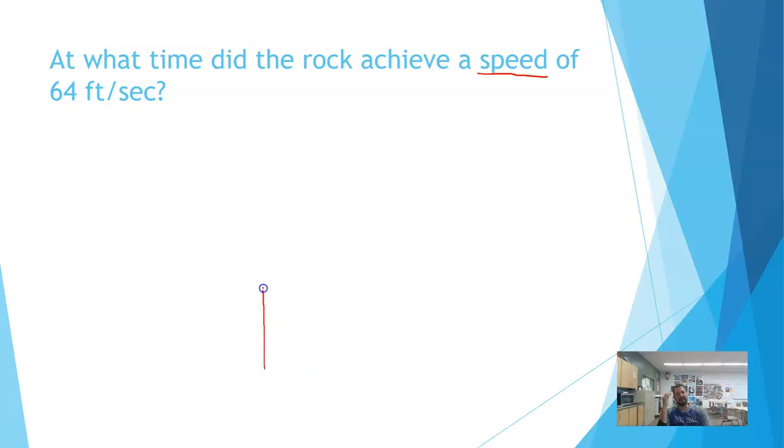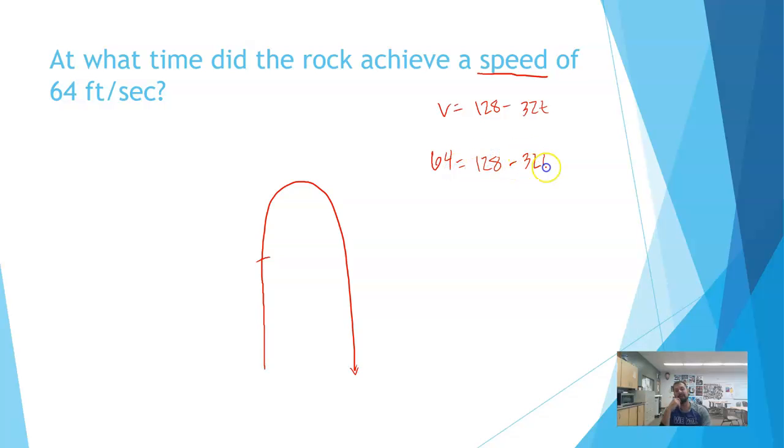Again, the rock goes up and it's going to come back down. My velocity is equal to 128 minus 32t. So if I wanted to know when the rock is going 64 feet per second, I could just put 64 into my velocity, because that tells me how fast it's going.